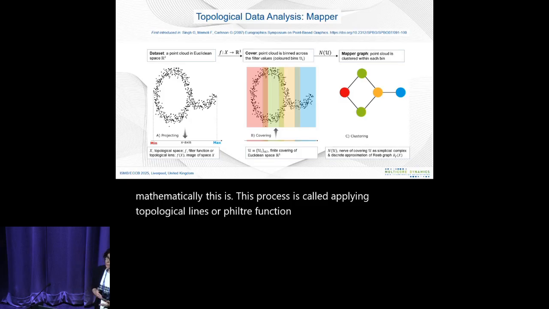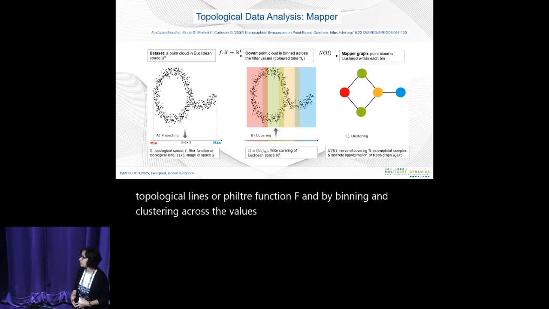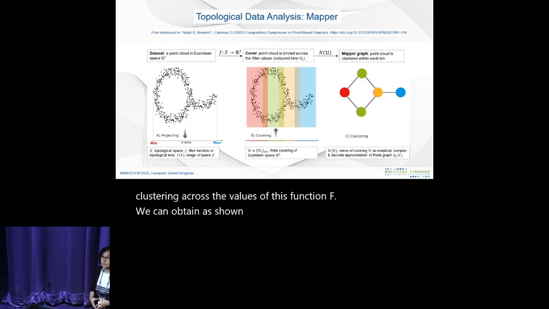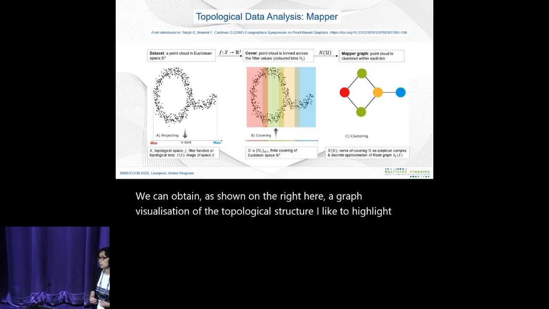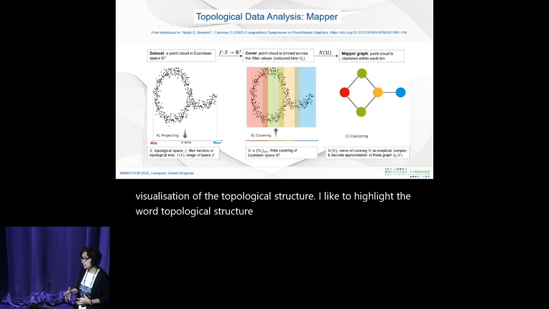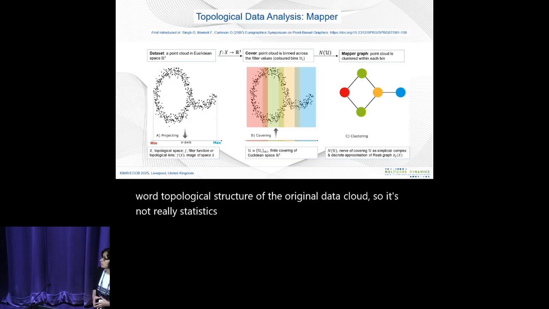And by binning and clustering across the values of this function F, we can obtain, as shown on the right here, a graph visualization of the topological structure. I would like to highlight the words topological structure of the original data cloud. So it's not really statistics or geometrical representation, but topological.